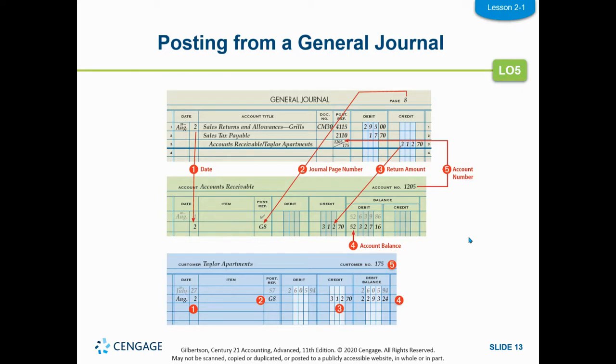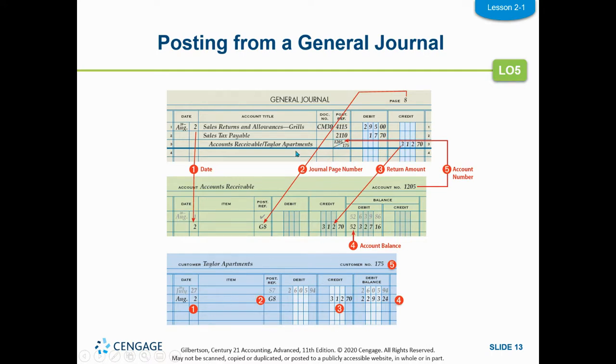So here is the posting for that. Like I said, it's got to be posted in 4 different places. You always start at the top and work your way down. This is the second general journal, page 8. The total amount in accounts receivable is a credit, and notice our accounts receivable is going down. It goes on the top, and then Taylor Apartments.